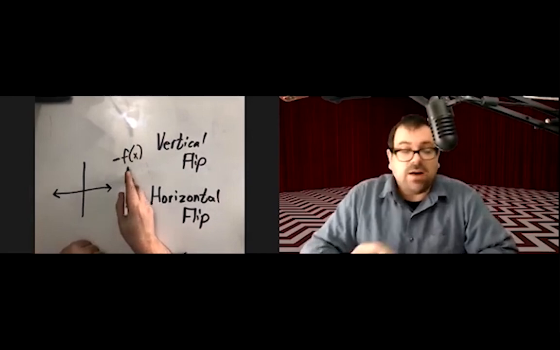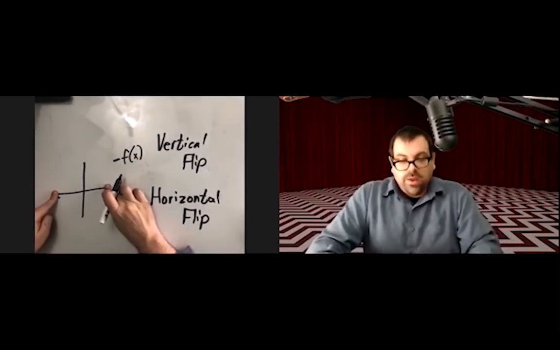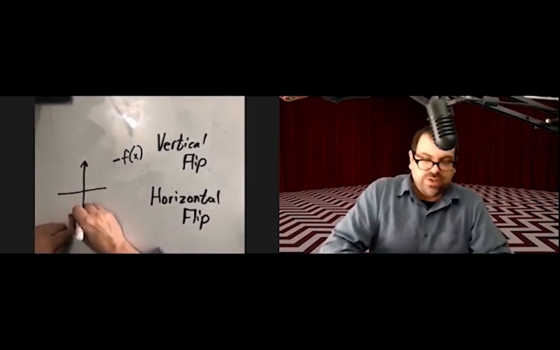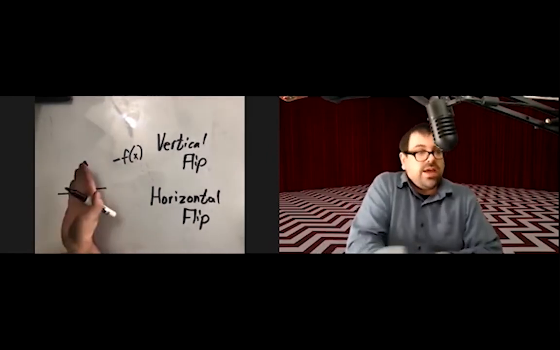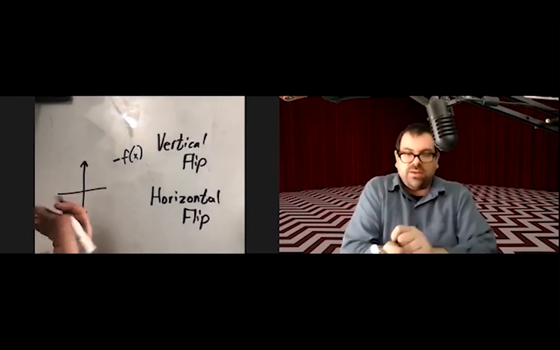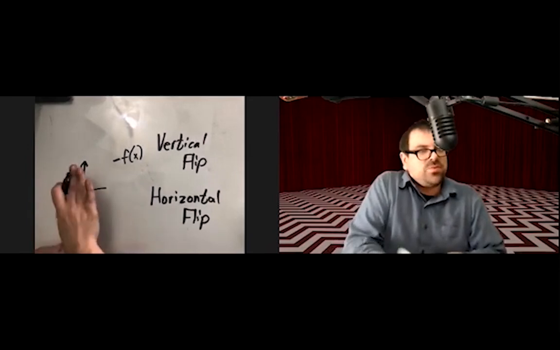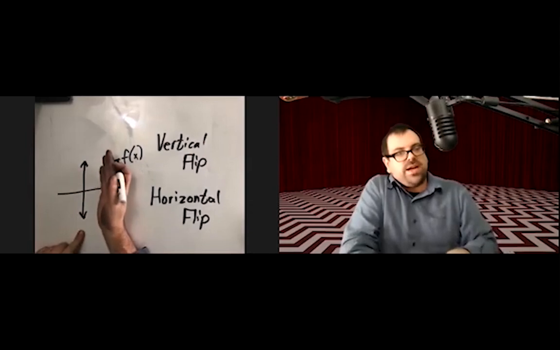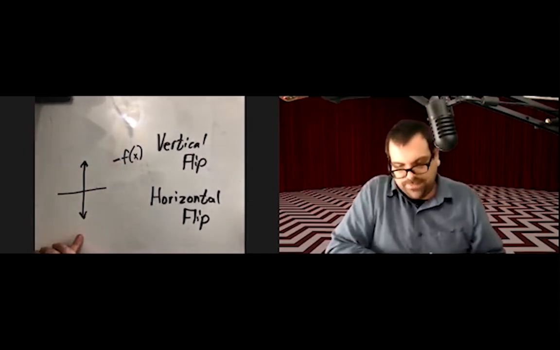It's a negative outside of the function. A horizontal flip would treat the y-axis as the thing that doesn't move, and the pinwheel effect would happen left to right, horizontally, flipping things that are on the left to the right, flipping things that are on the right to the left.